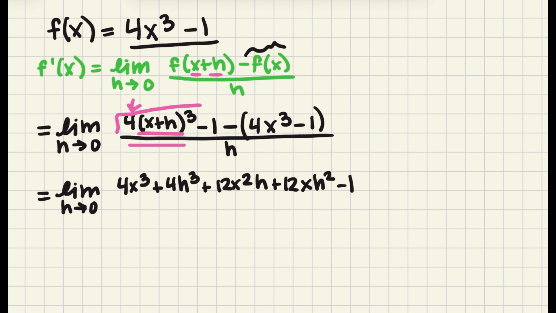Then we're going to bring down this right here. Don't forget to distribute this negative sign right here, so that'll turn into minus 4x cubed plus 1 over h.